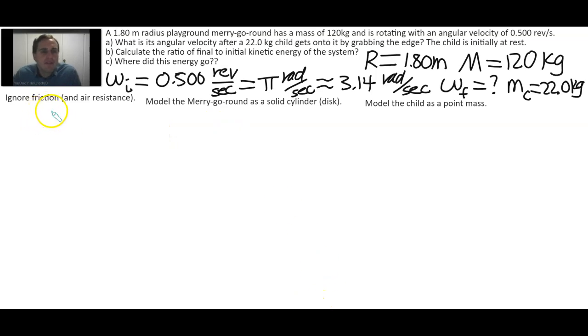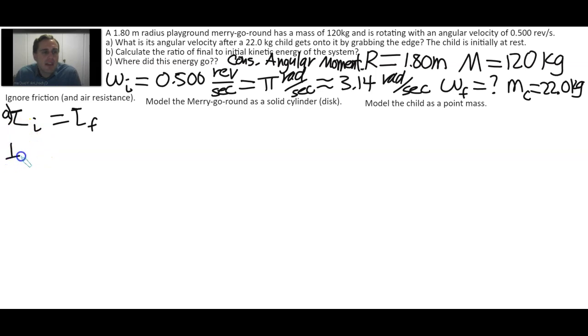So with those in mind, let's start to write down what we know. If this thing is going to conserve angular momentum, then we can write that the initial angular momentum equals the final angular momentum for part A. Remember, this is not some length, it's an angular momentum, so you could make this L look a little funny if you want.